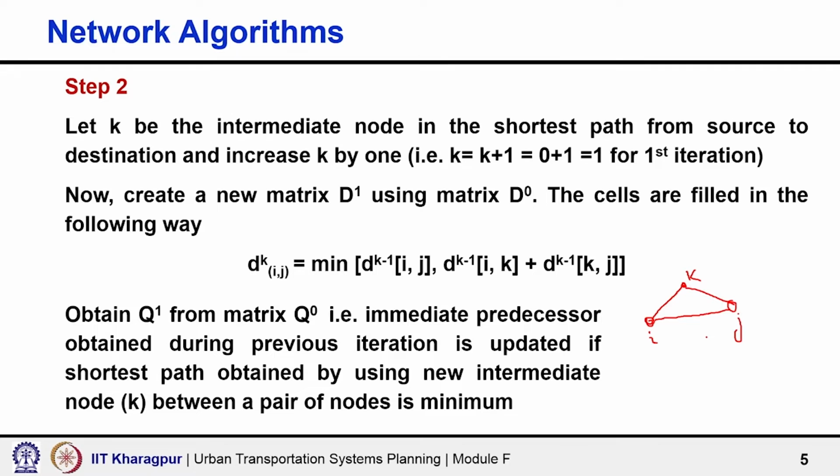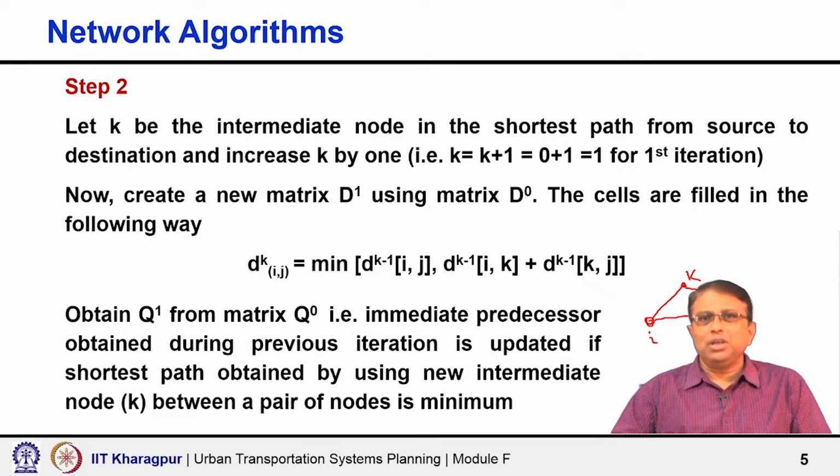I am only exploring whether that value is better, or whether I can travel from i to k and then from k to j, which is better. Now, if the second one is cheaper, then what will I do? I then need to update my matrix.